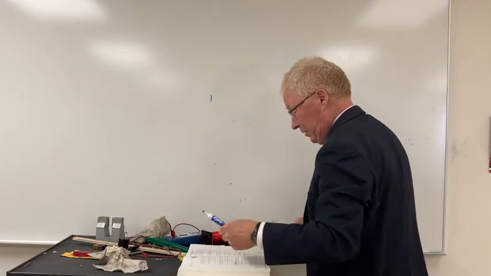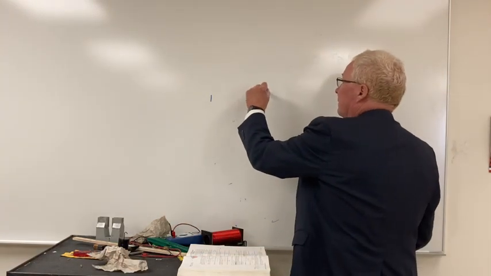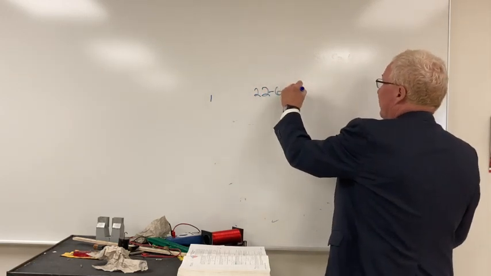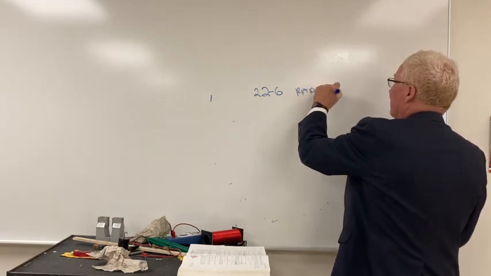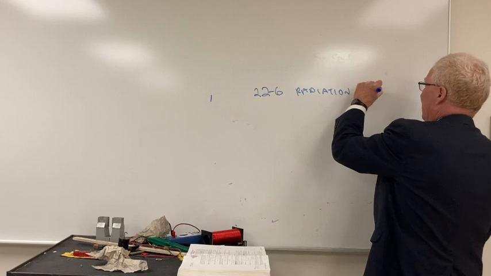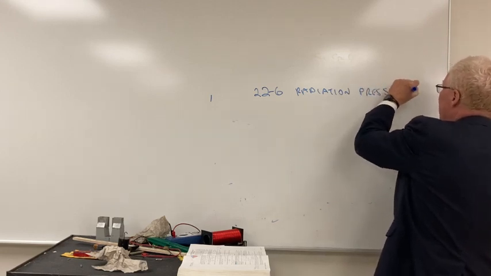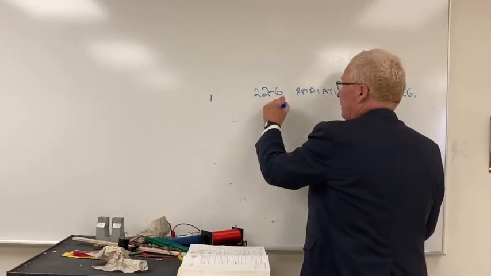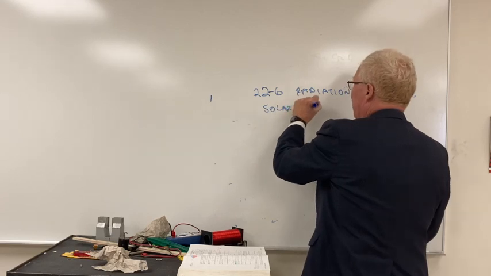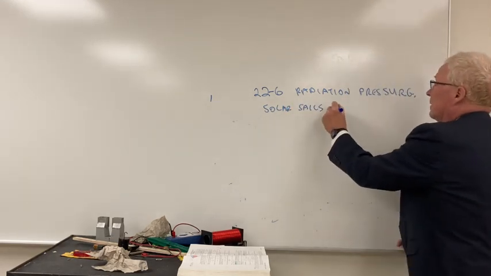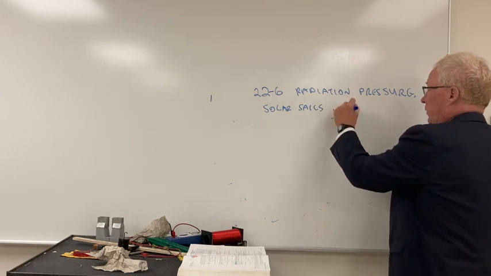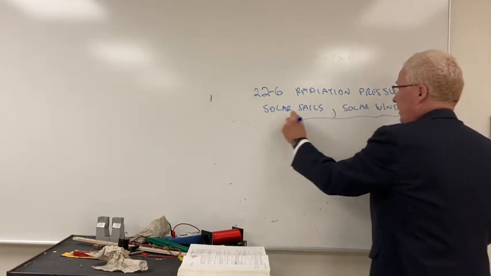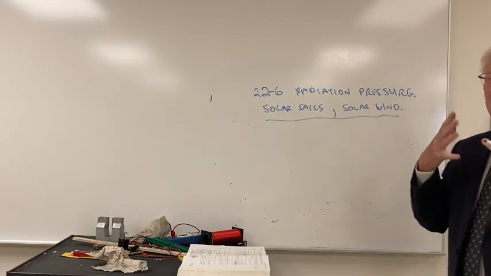Now the last part we're going to be doing, 22.6, is radiation pressure. This is an interesting concept because it deals with the idea of solar sails, and also the fact that there's a solar wind. But generally, the fact is that light exerts pressure.